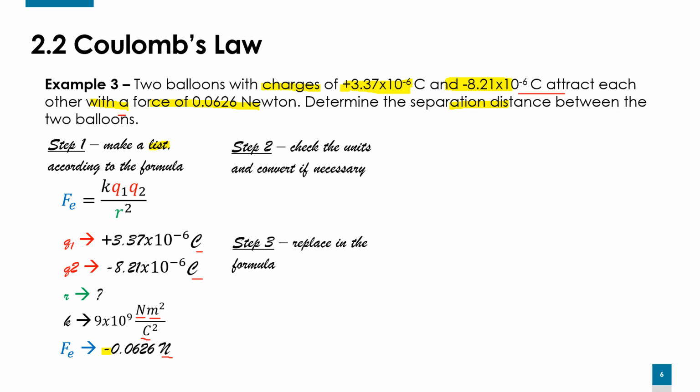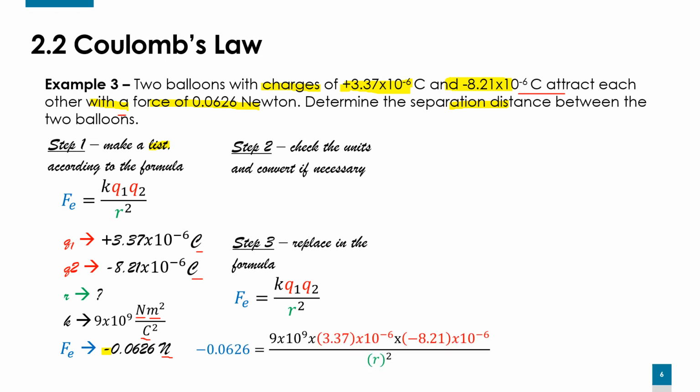Okay. So step 3, replace. So let's write down the formula and replace. Now I have my force, so my force is here, minus 0.0626. So be careful with this negative, okay? And my K, 9 times 10 to the power of 9. My Q1, 3.37 times 10 to the power of minus 6. I put positive because it was positive.